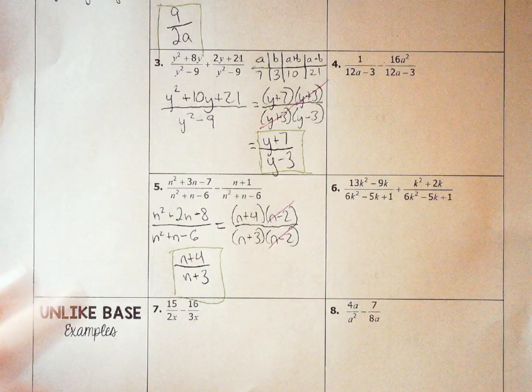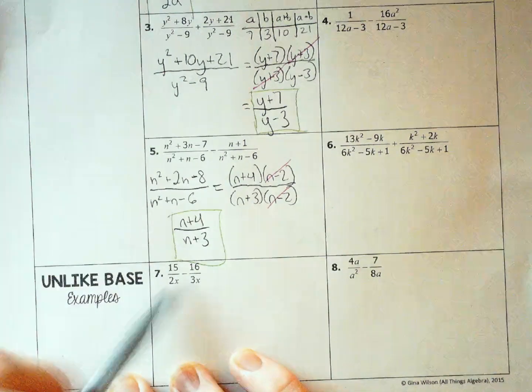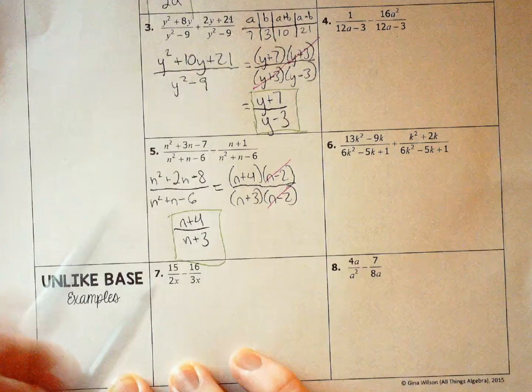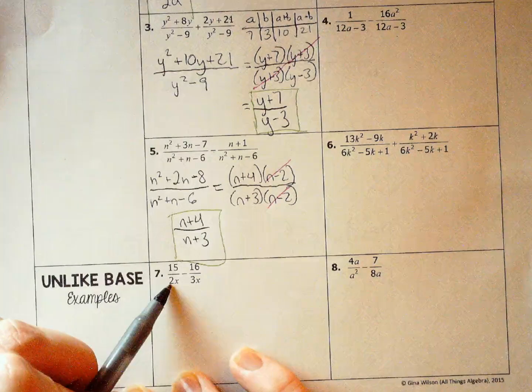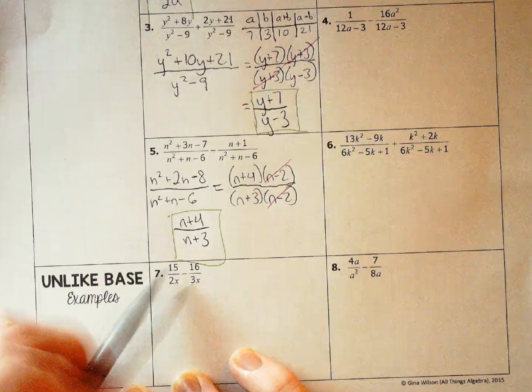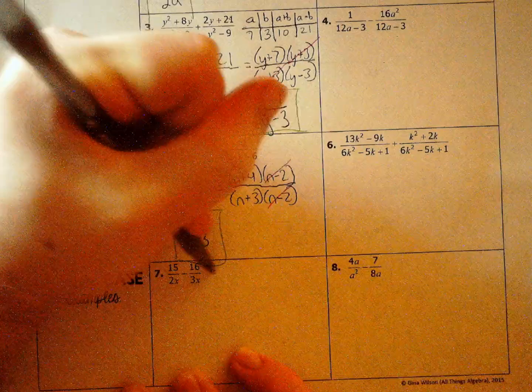So here I see 2x and 3x. And the lazy way to do this, which is usually my preference, is to just multiply each one by what the other one's missing. Okay, they both have an x, so I'm not going to multiply by x again. That would be silly. But this one has a 2. So I'll multiply my second fraction by 2 over 2. And my second fraction has a 3 in the denominator, so I'll multiply my first fraction by 3 over 3.